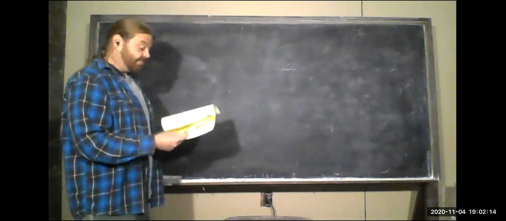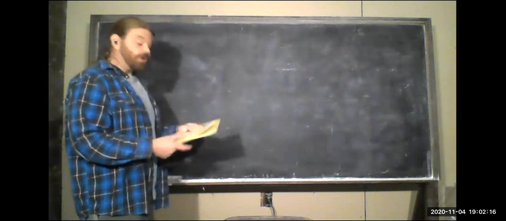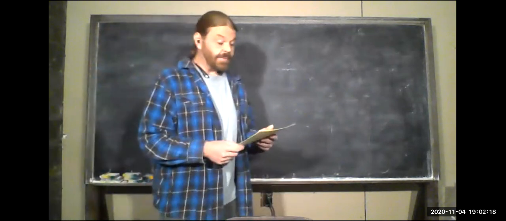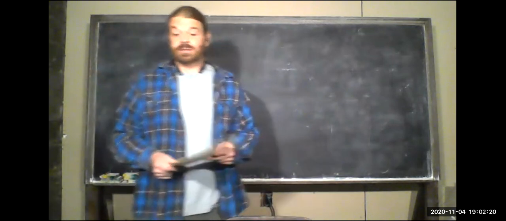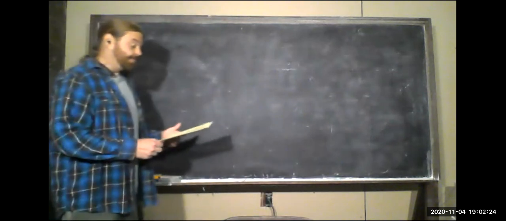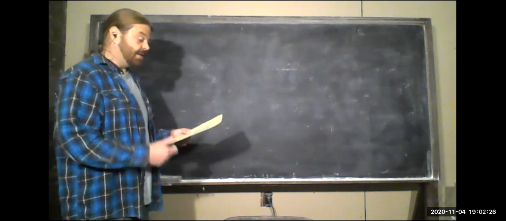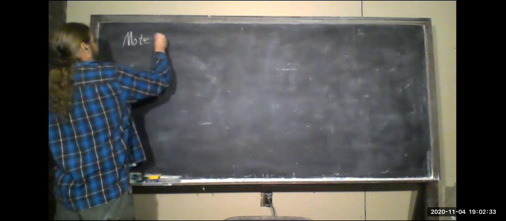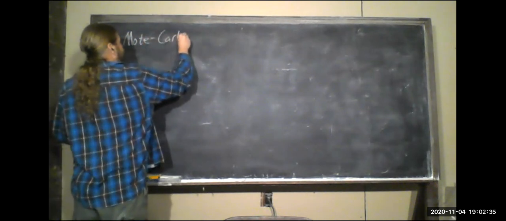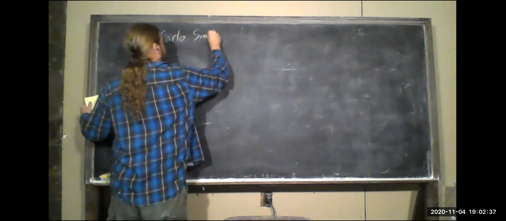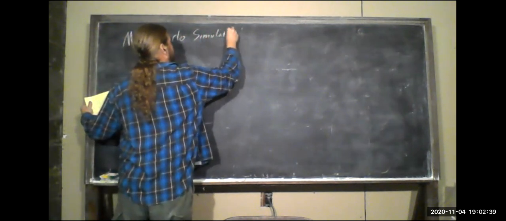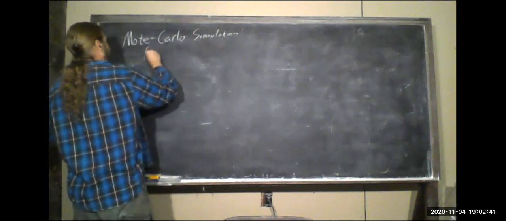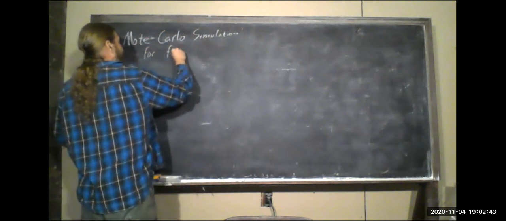You would have seen it in SDEV 120, but I'm going to walk through a traditional way of finding pi, I guess. We're going to look at what's called the Monte Carlo simulation for finding pi.